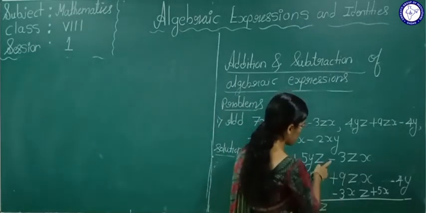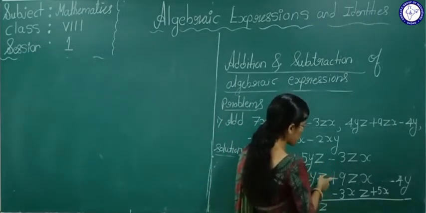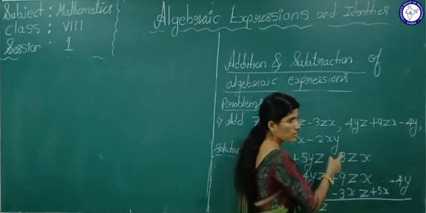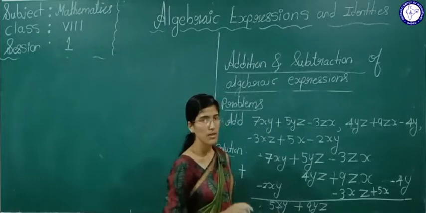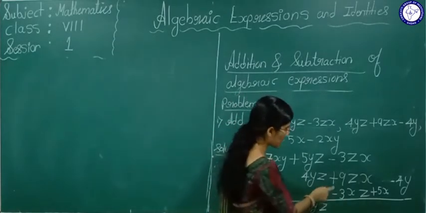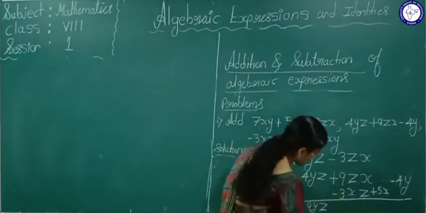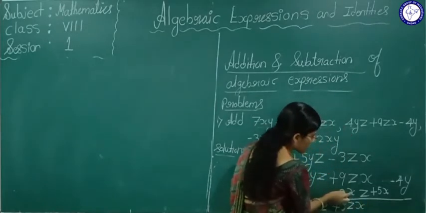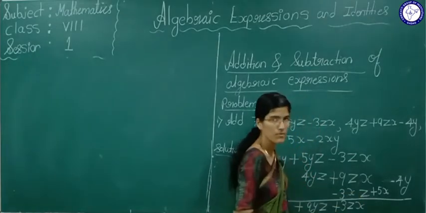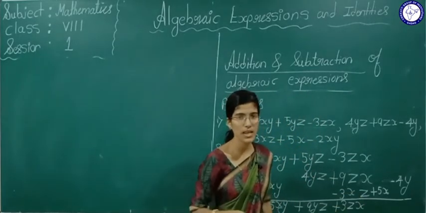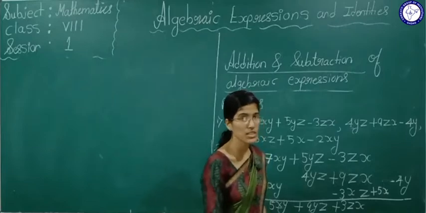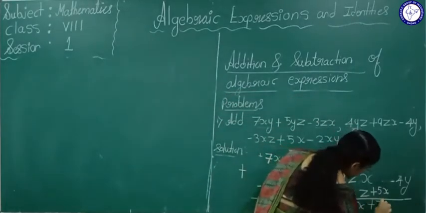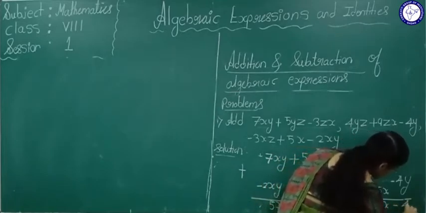Now see, minus plus is minus. 9 minus 3 is, what is 9 minus 3? 9 minus 3 is 6, plus 6. Plus 6 minus 3, it will be plus 3zx. Now see, students, don't get confused. xz and zx are the same. AB can be written as BA. Now here plus 5x minus 4y.